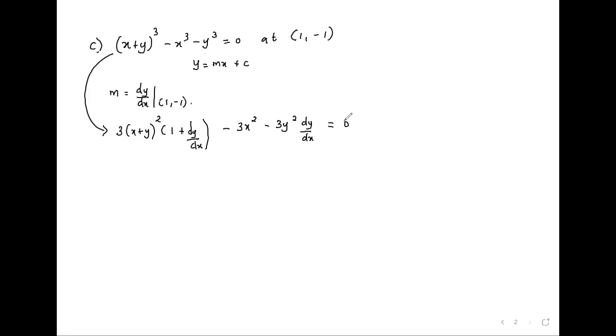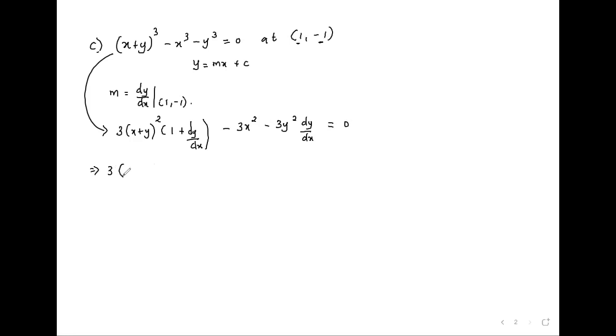Then you expand, so you get 3(x plus y) squared. Or since we did the solving of that thing, here we'll do it in another way. When I reach here, I substitute: where there is x, I take 1, where there is y, I take -1.